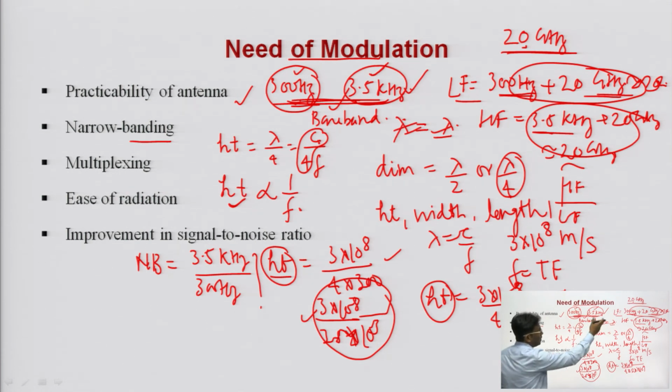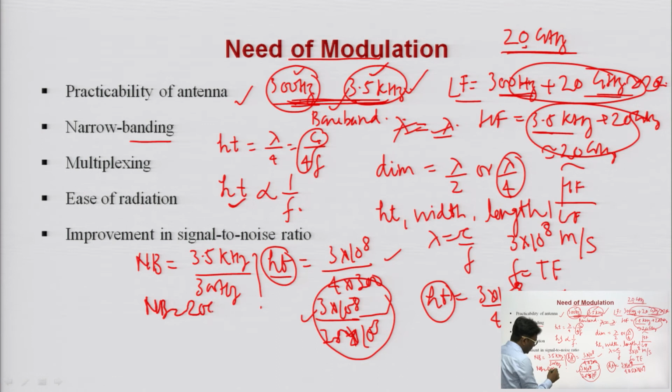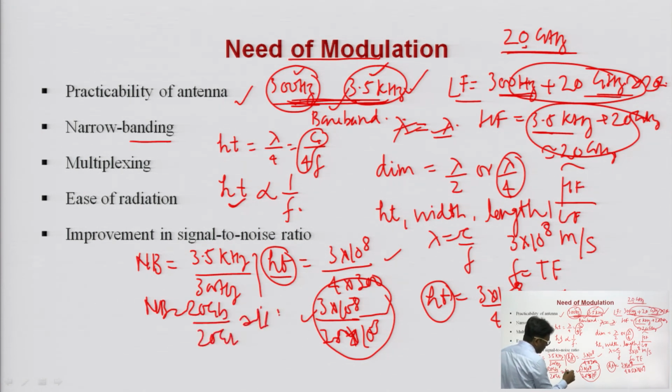If I transmit the same information after modulation, the narrowbanding ratio will be 20 gigahertz divided by 20 gigahertz, the ratio is 1:1.